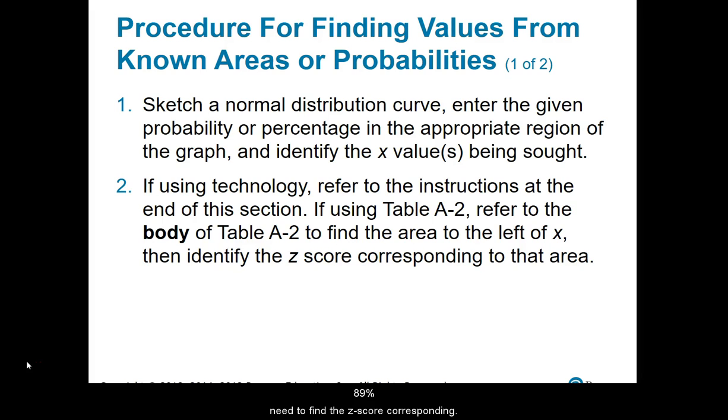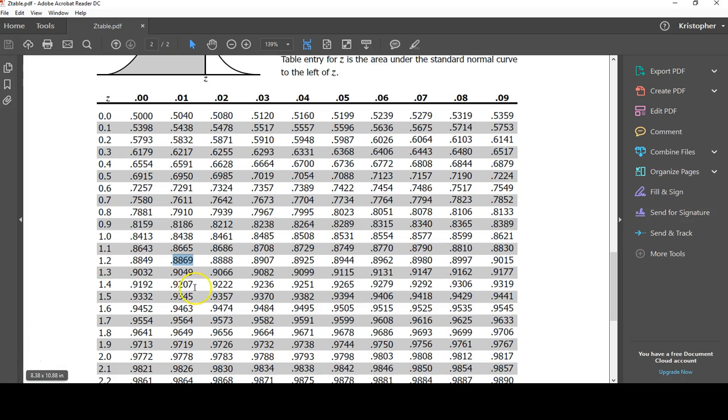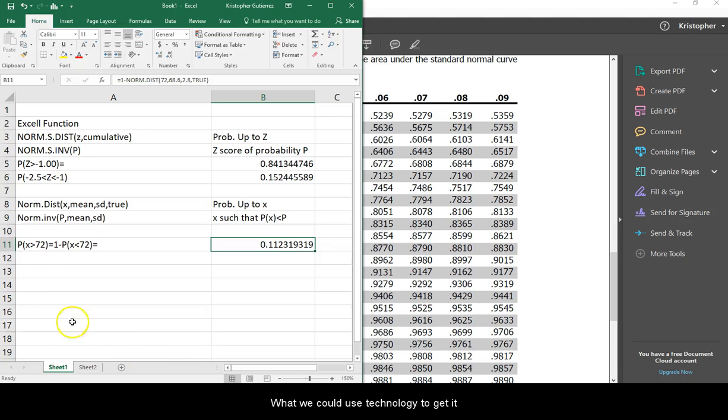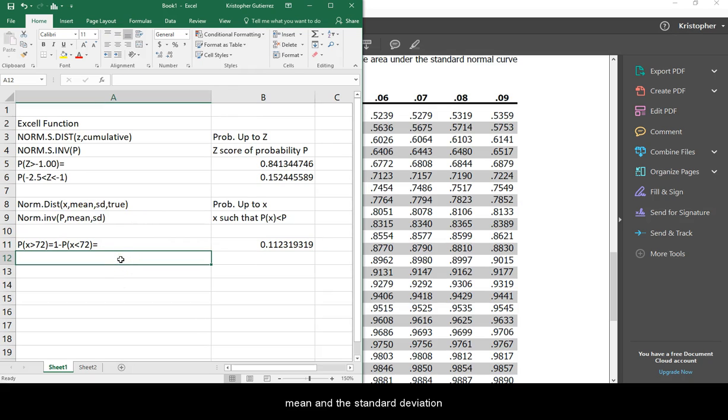We could use the A2 chart, which 0.95 would be, well, between 1.64 and 1.65, or we could use technology to get it. For technology, I would use the inverse: give me the probability, mean, and the standard deviation.